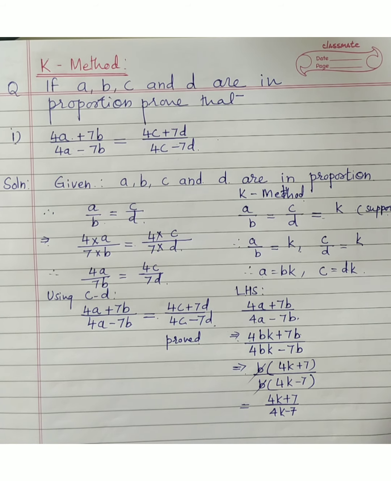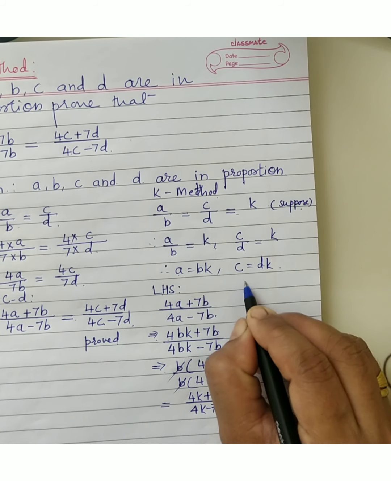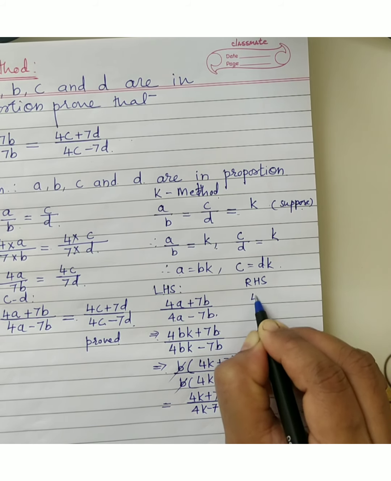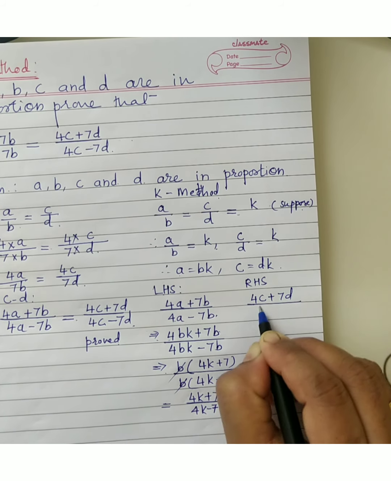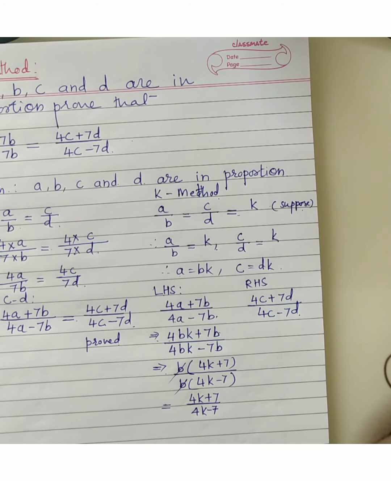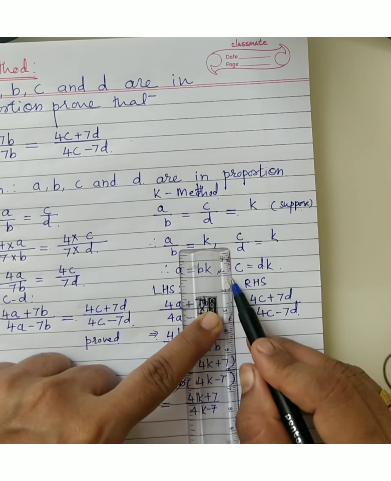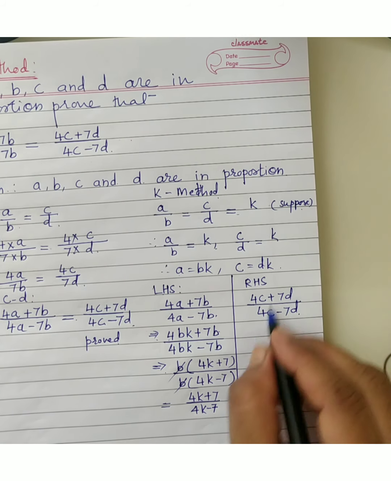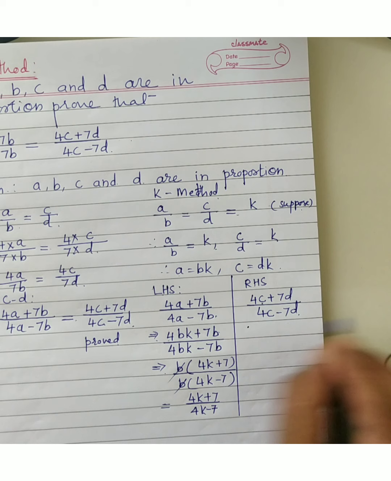Keep this in your mind. Now go for the RHS. Write down the RHS: 4c plus 7d upon 4c minus 7d. Here in place of c we substitute dk, d is as it is.